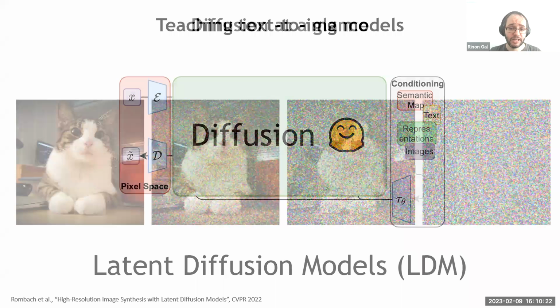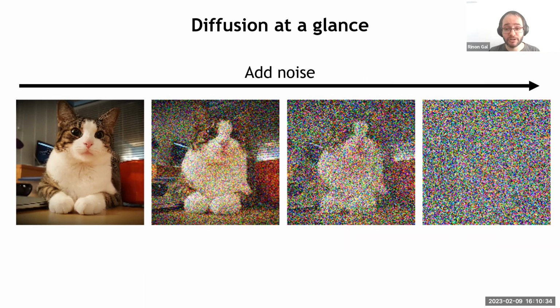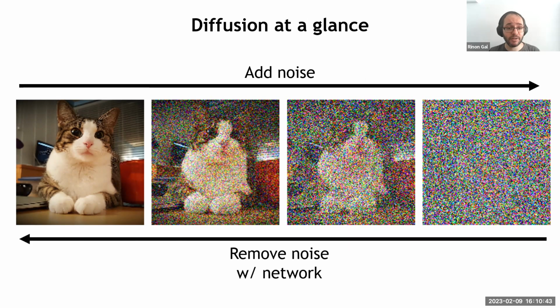Okay, for those of you who are not familiar with diffusion, again, we don't really need to dive too deeply into the details, but the core idea is this. You grab an image and you add random noise to it in many small increments over many steps. And then you teach a network to reverse this process, right? Take a noisy image and remove the noise one small step at a time.